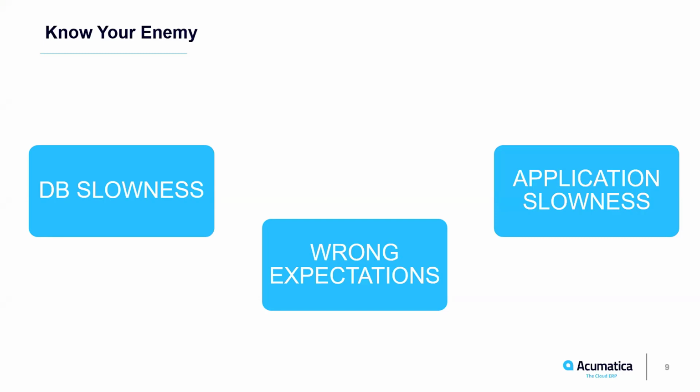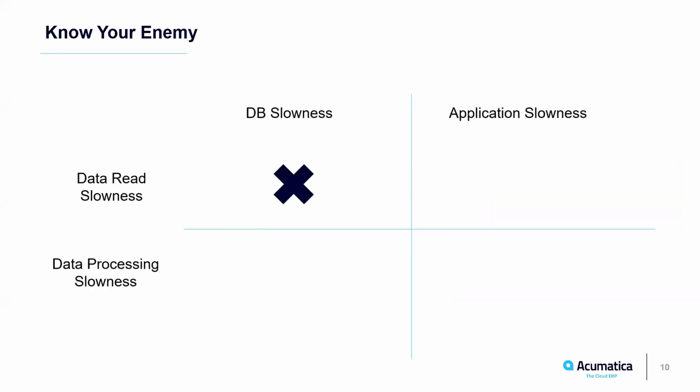Now, let's talk about the slowness of Acumatica applications specifically, and let's categorize it a little bit more. Here I have 4 quadrants, and we can categorize our issue in one of those quadrants. So here we have, as columns, database slowness and application slowness, the same as we had before.